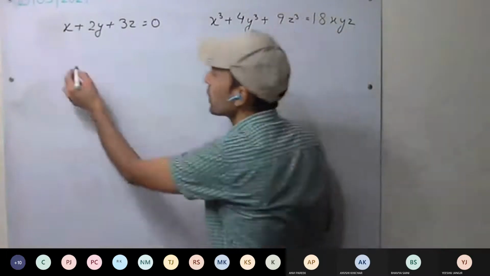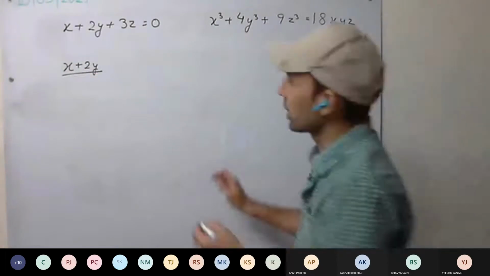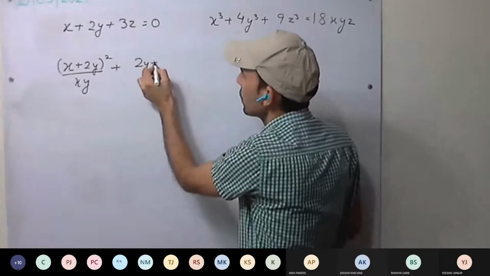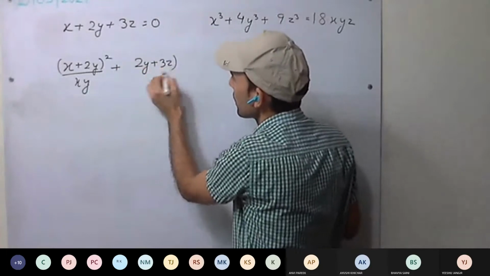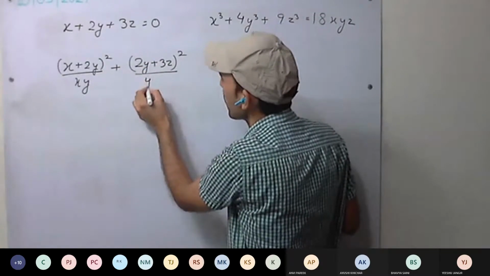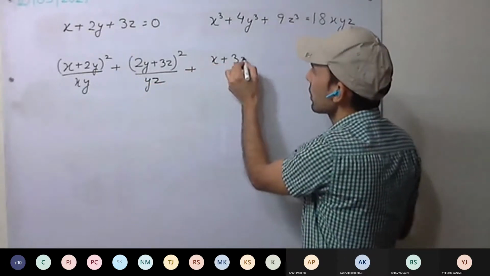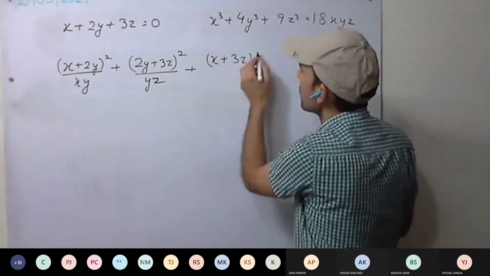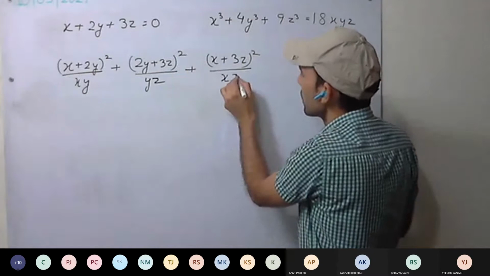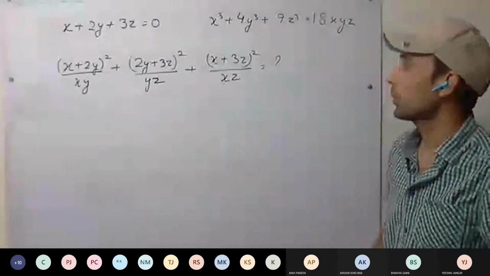Now we have to find the value of (x plus 2y) whole square divided by xy, plus (2y plus 3z) whole square divided by yz, plus (x plus 3z) whole square divided by xz. Its value we have to find. Do it in your notebook, everyone.